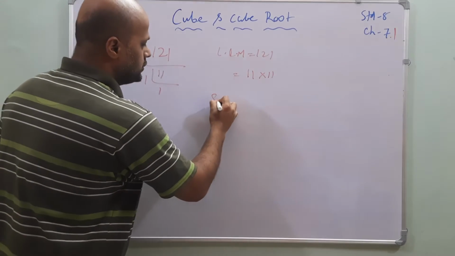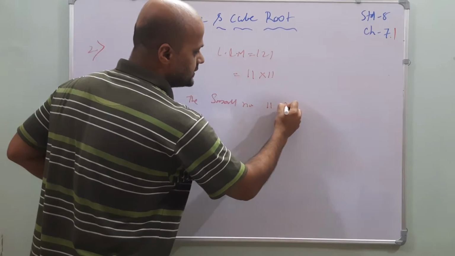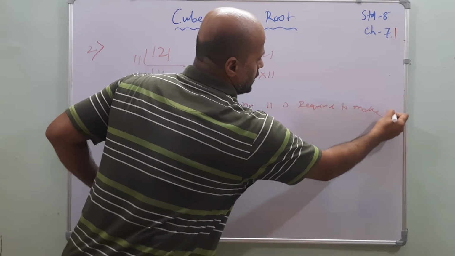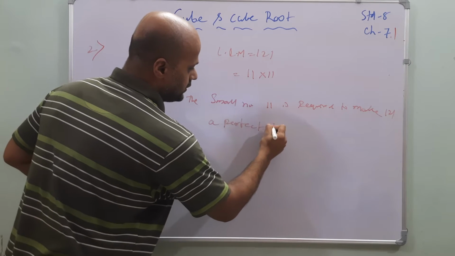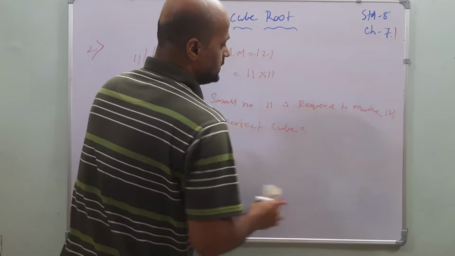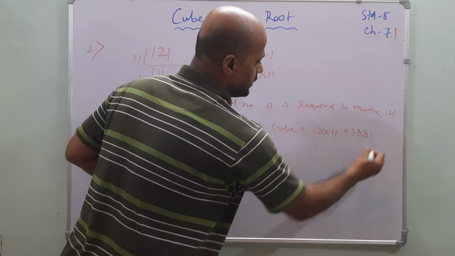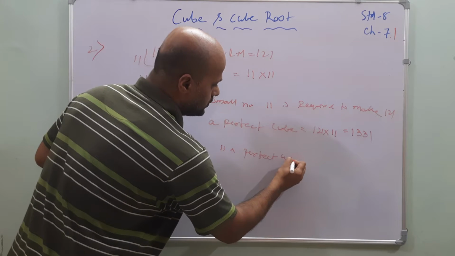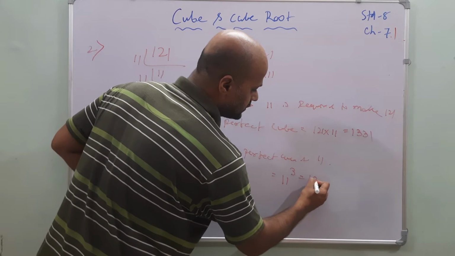So we have to write that the smallest number 11 is required to make 121 a perfect cube. That is, 121 into 11 is equal to 1331, a perfect cube of 11. So 11 cube is equal to 1331.